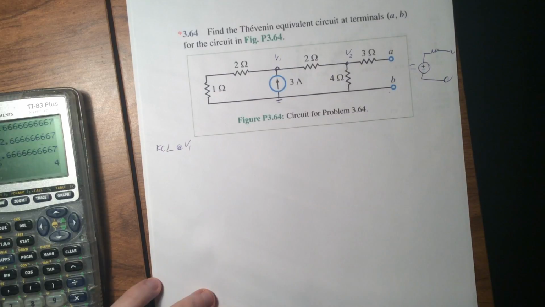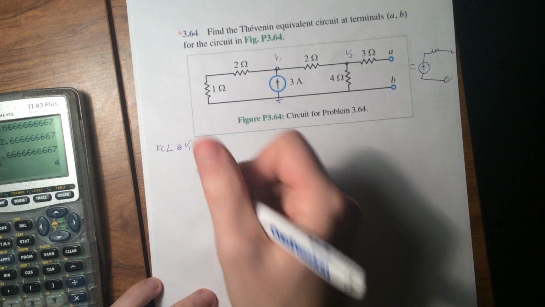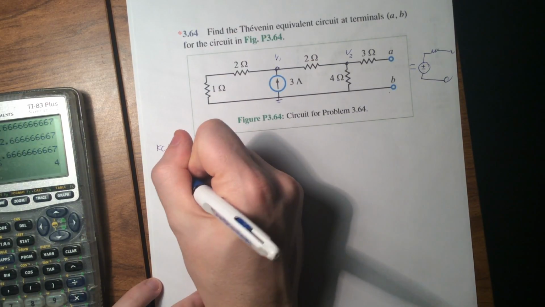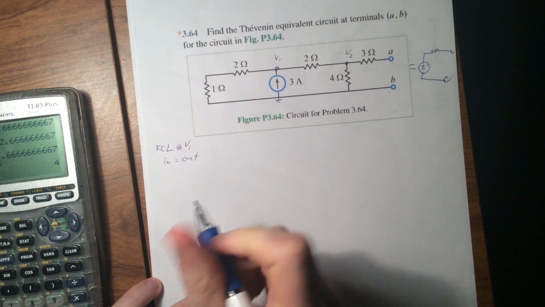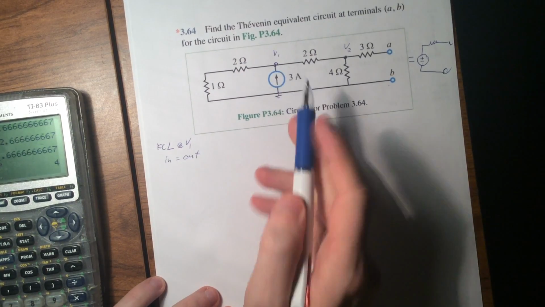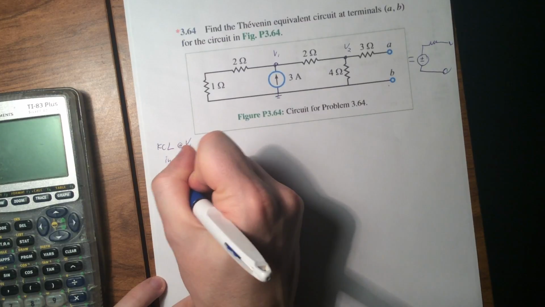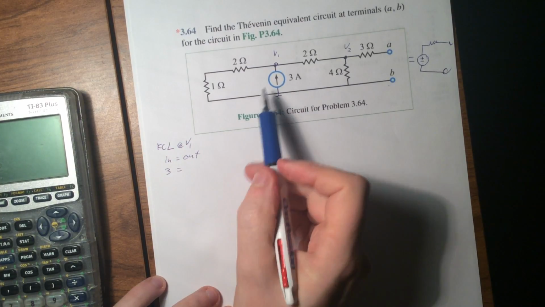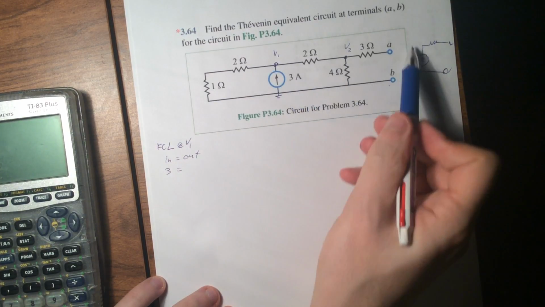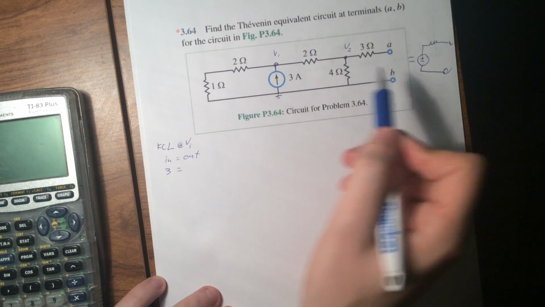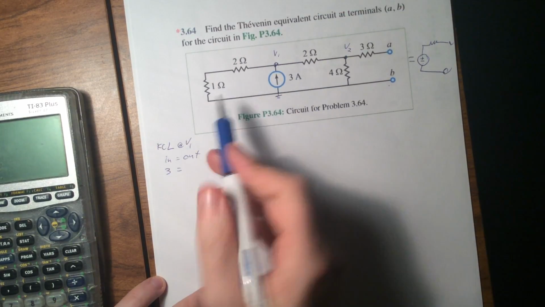So first thing we're going to do is take KCL at V1, and that's going to be ins equals outs. So coming into this one, we have a 3 amp source, nothing else. And then coming out, we're going to presume this comes out, because it's open over here, so we know it comes out like that.